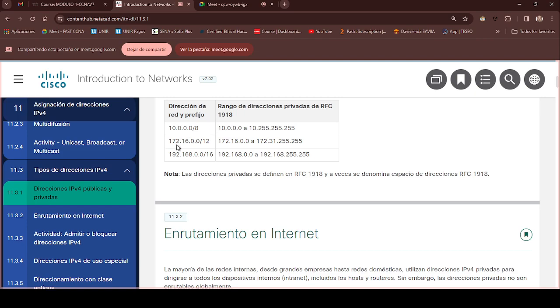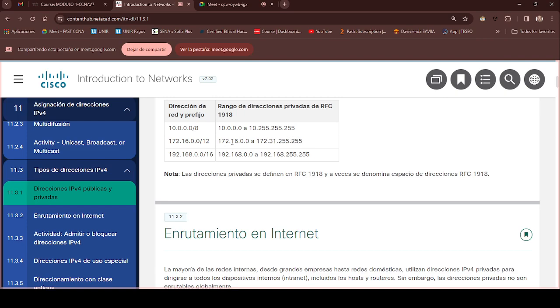La red o el rango 172.16.0.0/12. Es decir, los primeros 12 bits de este rango me indican que la dirección es privada. ¿Esto qué me permite hacer? Me permite hacer un rango de direcciones entre la 172.16.0.0 hasta la 172.31.255.255.